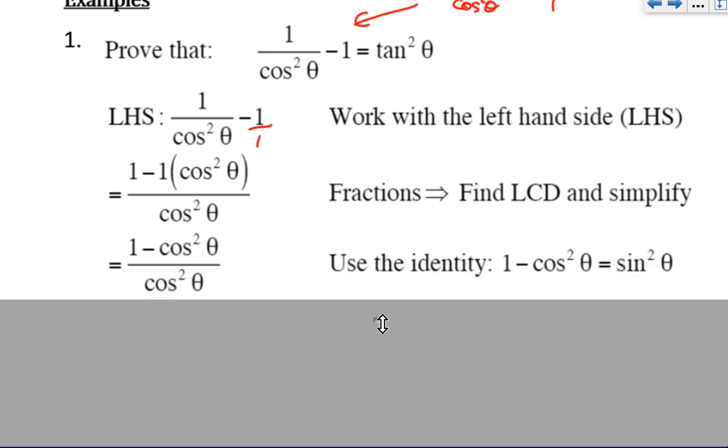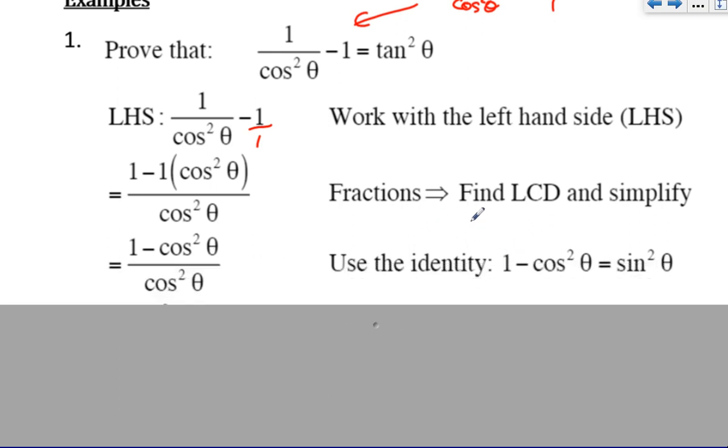And something very, very important to note: if sine squared theta plus cos squared theta is equal to 1, then 1 minus cos squared theta is sine squared theta. In other words, taking this to the other side. Very, very important. Right up to matric, you would use this.